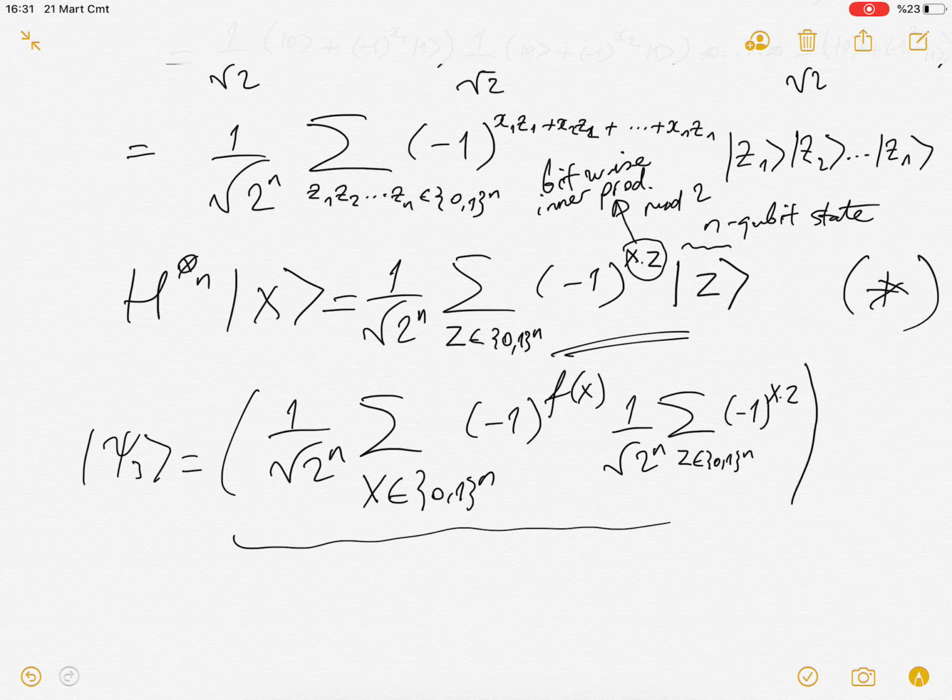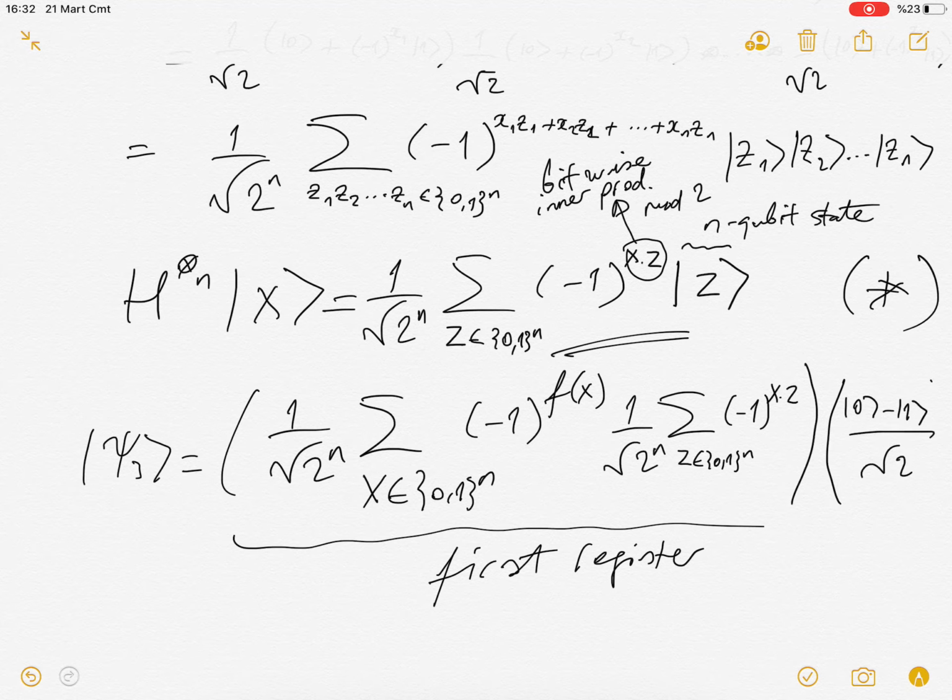So this whole thing is our first register. And the second register, we have the minus phase superposition, ket 0 minus ket 1 divided by square root 2.